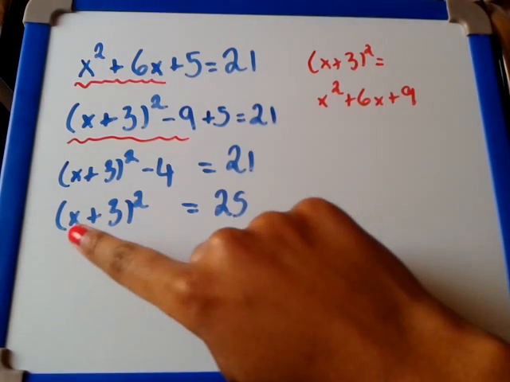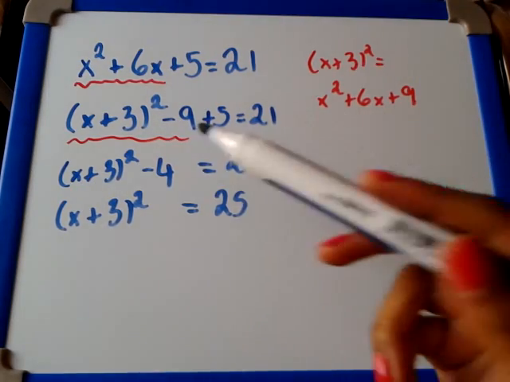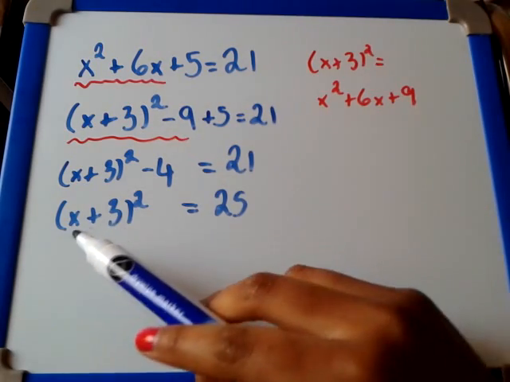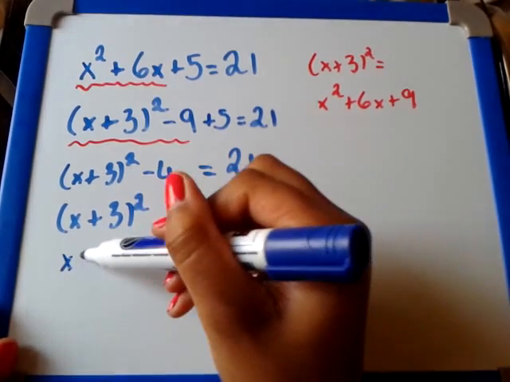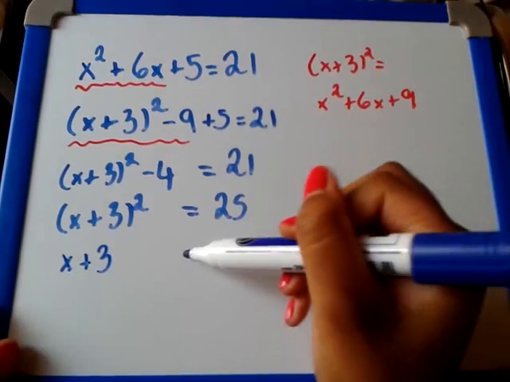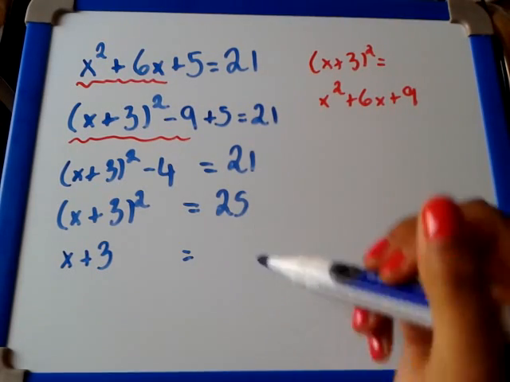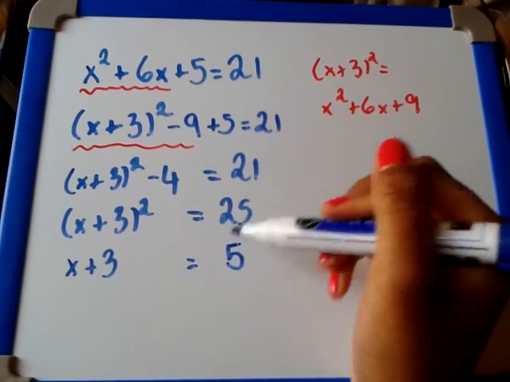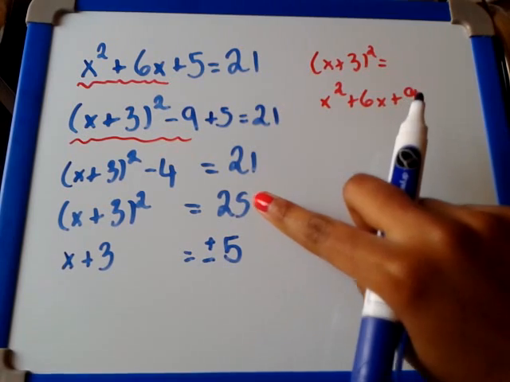Our aim is to get a value for x. So what we need to do next is find the square root of both sides of the equation. If we square root x plus 3 squared, we get x plus 3. Now the square root of 25, we need to be careful here because usually people just put 5, but we need to remember that minus 5 is also the square root of 25.